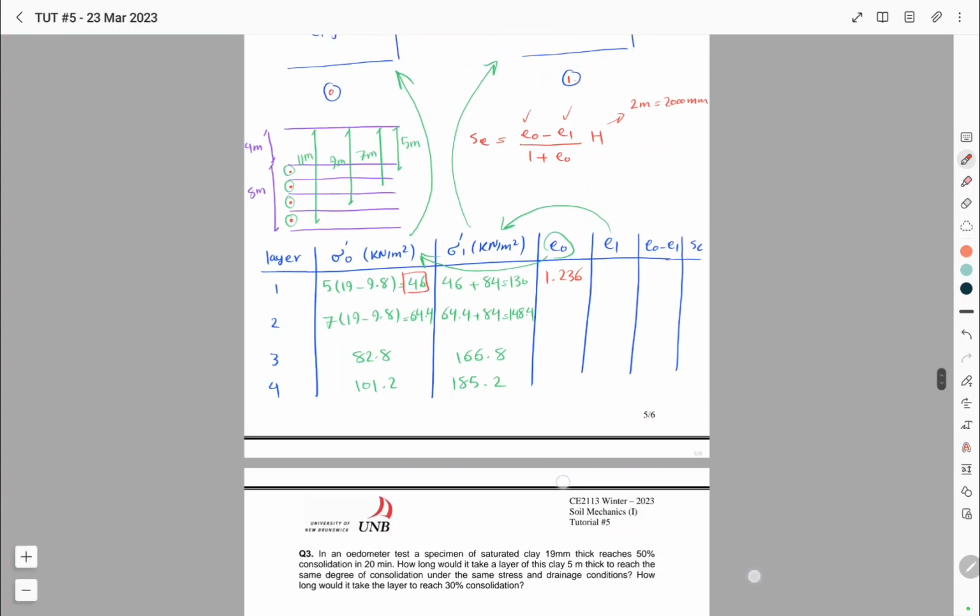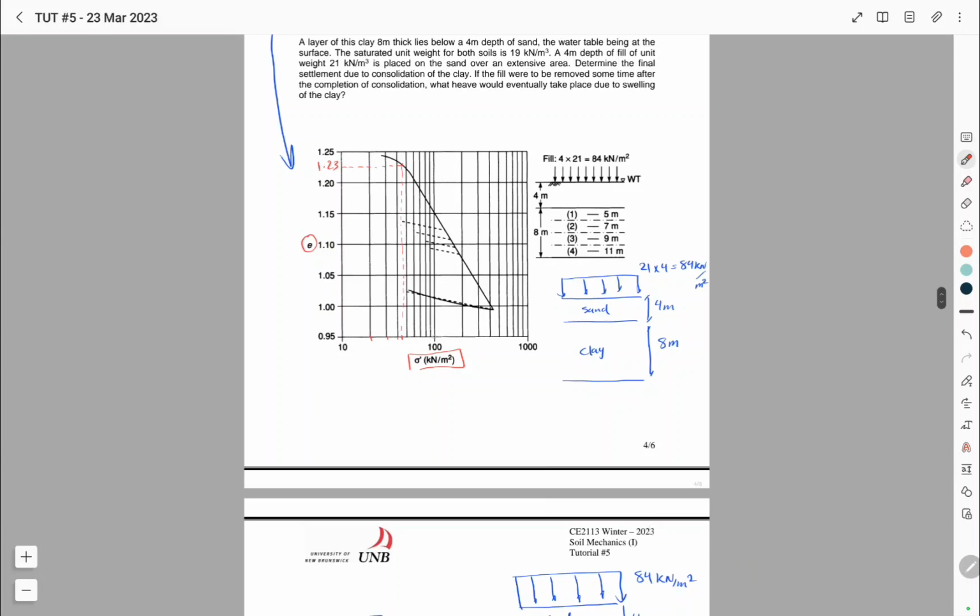And for this one, 130. This is 100. This is 200. This is around 130. I'm just gonna go here, and the value of e corresponding to this point would be 1.123.